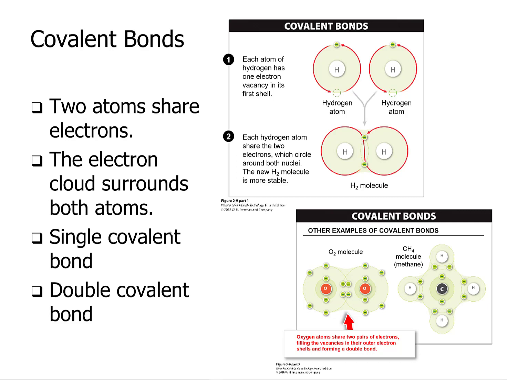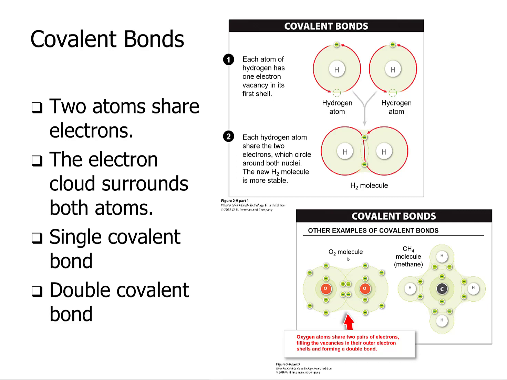So there's a single covalent bond and a double covalent bond. A single is when it's only filling one for each. Okay, that's a single covalent. And a double covalent is a good example, the O2 molecule, and we have O2 now sharing two electrons, and that would be a double.